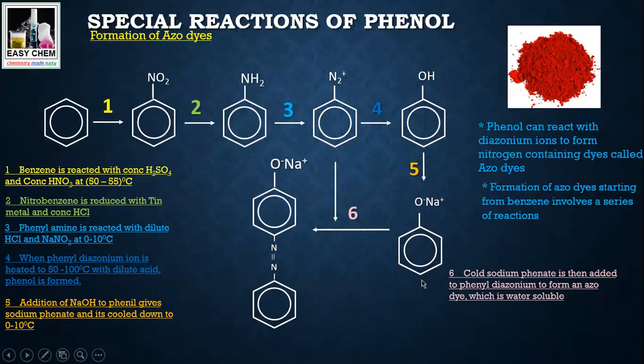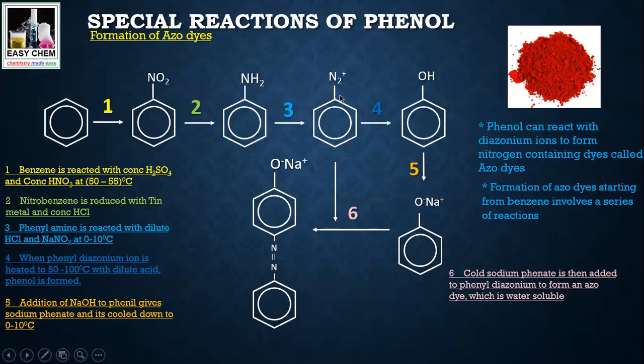This is to avoid steric hindrance. There's no problem if this diazonium ion gets attached to this 4th place in sodium phenate; there are no disturbances because of steric hindrance.